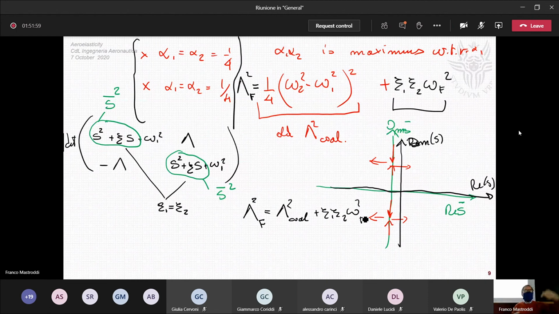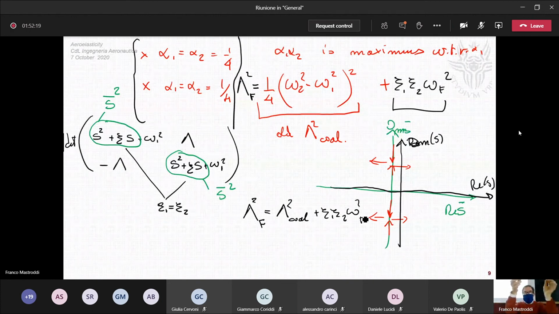So in this case, you have coalescence before, and look that in this case, the coalescence is not necessarily a stabilizing phenomenon. You have a coalescence, period. But your coalescing poles are stable now.